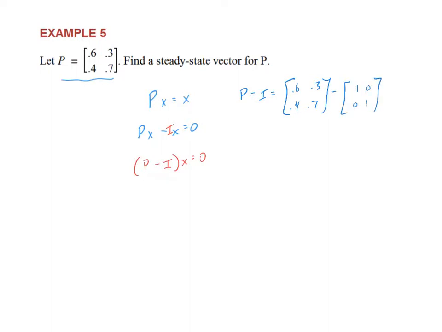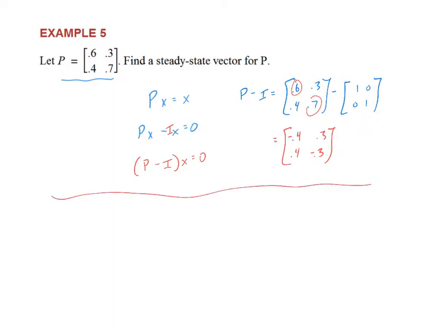All that changes are the entries on the main diagonal. Those become negative because I'm subtracting I from them. So that gives me 0.3 here, 0.4 there. I'm going to get negative 0.4, and I'm going to get negative 0.3. And notice that it's just the opposite of what's below it. So that's an interesting thing to make a note of.